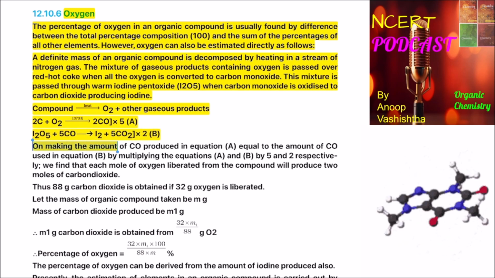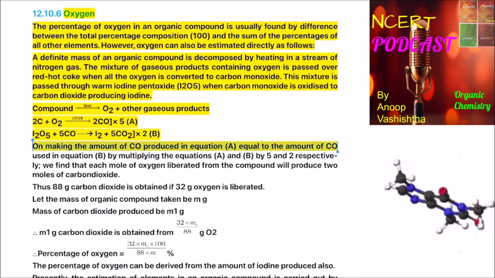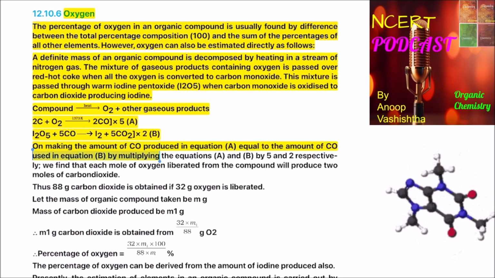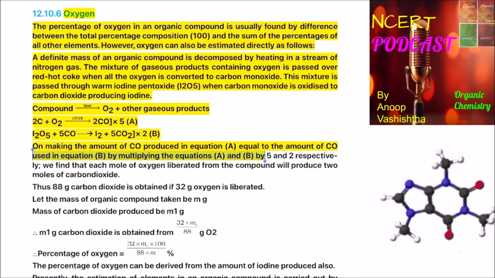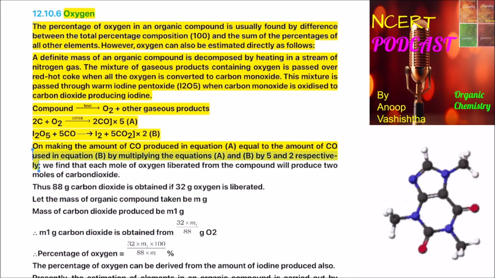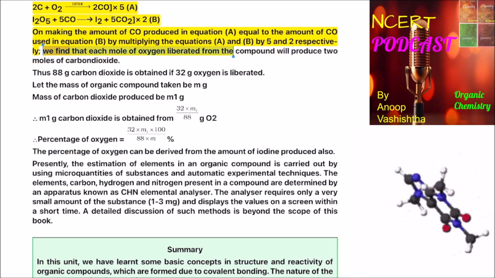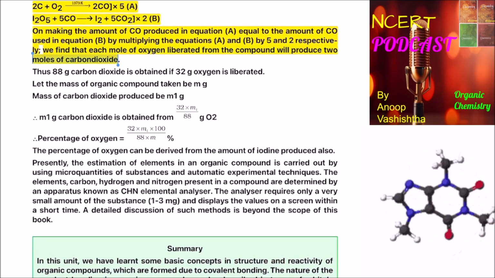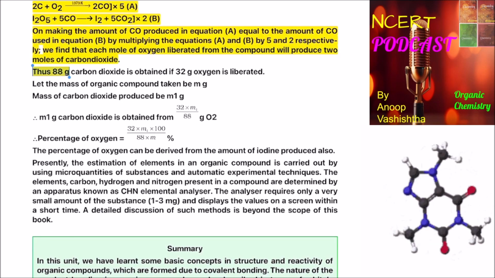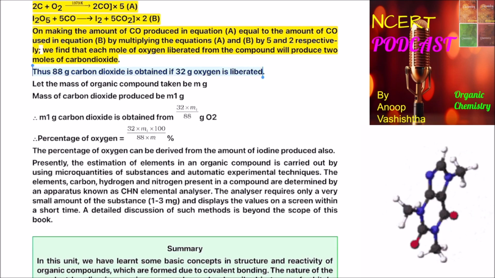On making the amount of CO produced in equation A equal to the amount of CO used in equation B, by multiplying the equations A and B by 5 and 2 respectively, we find that each mole of oxygen liberated from the compound will produce 2 moles of carbon dioxide. Thus, 88 gram carbon dioxide is obtained if 32 gram oxygen is liberated.